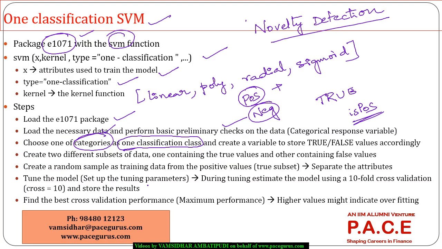So we have chosen one of the categories as the one classification class, and created a variable to store the true and false values accordingly. Actually, I don't need to do this process if I have only two categories, but because this model can very well be extended to a multi-category scenario also, one of those categories I should classify as the one classification class for novelty detection, and based on that I should create one variable which will be true for one category and false for all the other categories.